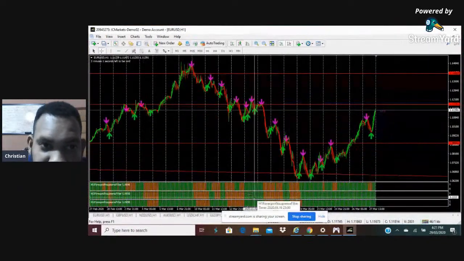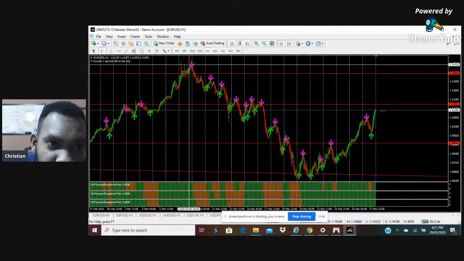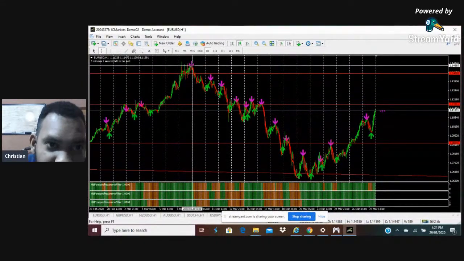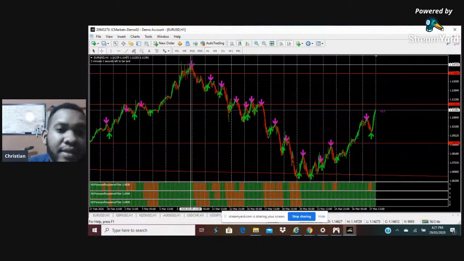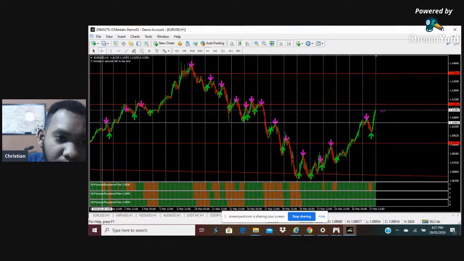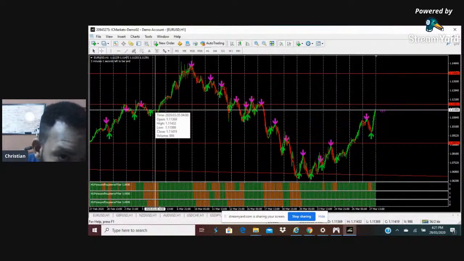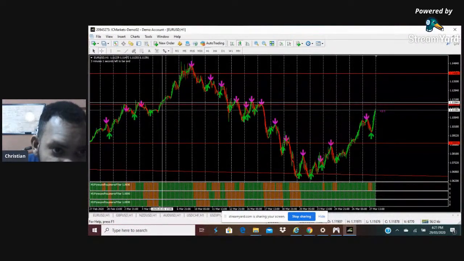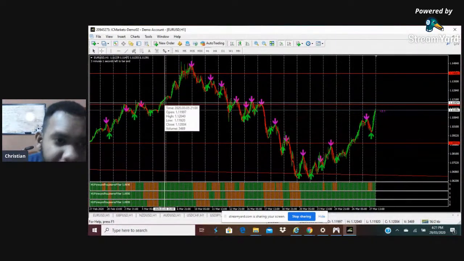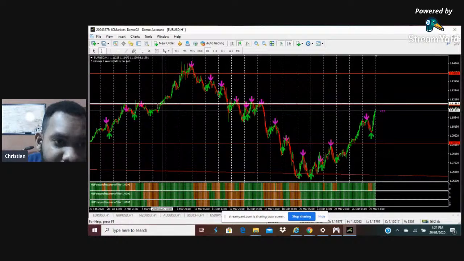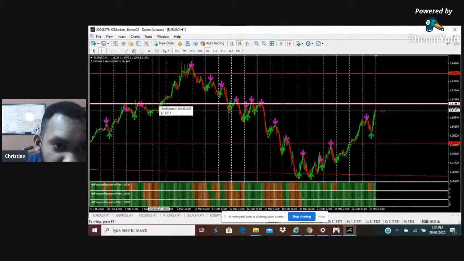And from the time the structure here gave me an indication that the market is going to sell, I'm looking at my support line. Well, this would have been resistance here, and it broke resistance, and I got my alert here, break resistance.